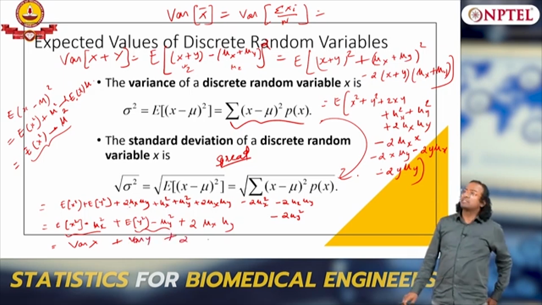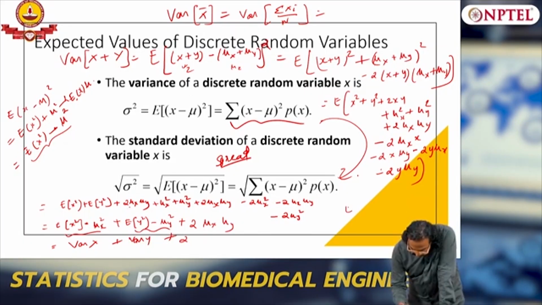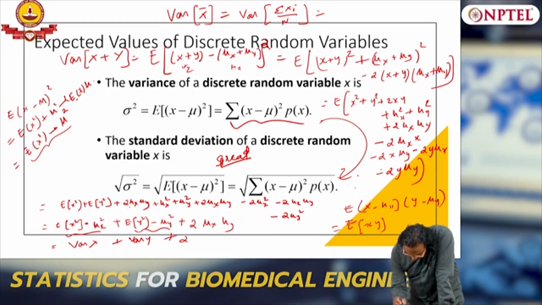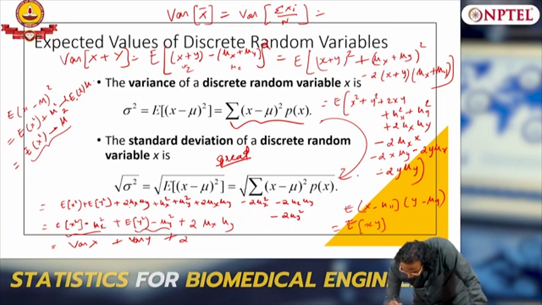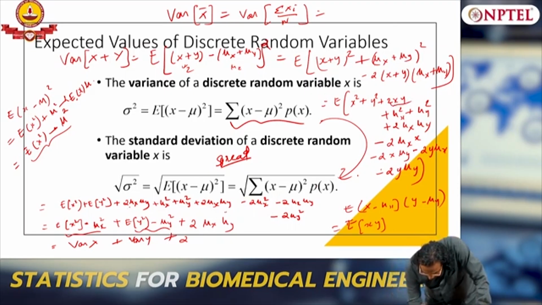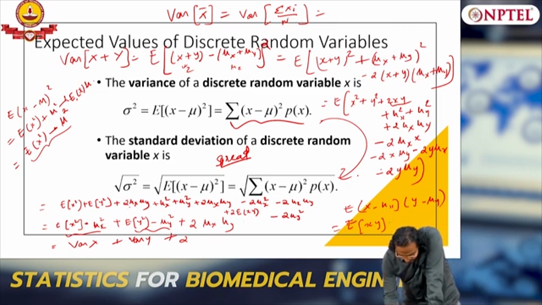Covariance is going to be expectation of x minus mu x into y minus mu y, that is nothing but expectation of, I missed a term, this term is expectation of xy, 2 times expectation of xy, that is what I missed, 2 times expectation of xy minus mu x into mu y.